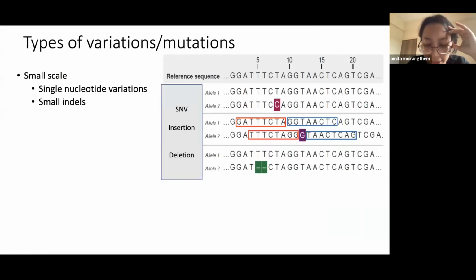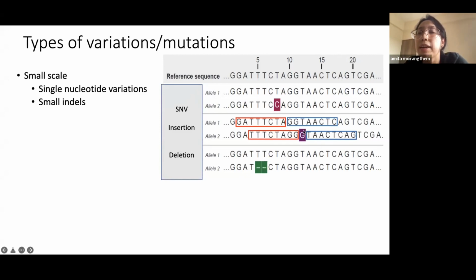So just for an example here, this is the reference sequence. Reference sequence means the sequence of a normal individual, a control individual. For the single nucleotide variation, if we look here, it is matching everywhere except here, where instead of T in the reference, in one of the alleles, it is converted to C. So there is a change in the nucleotide at this particular position.